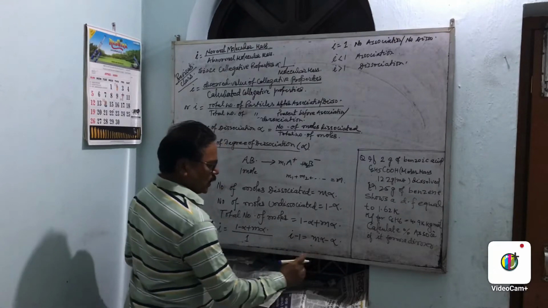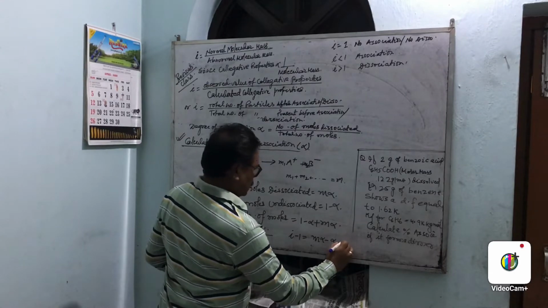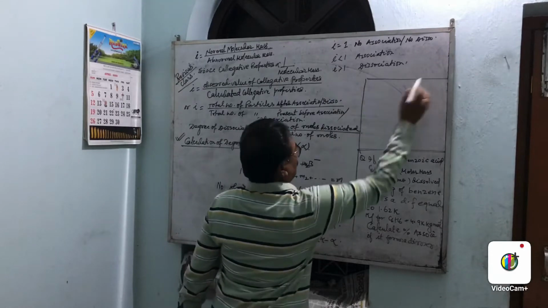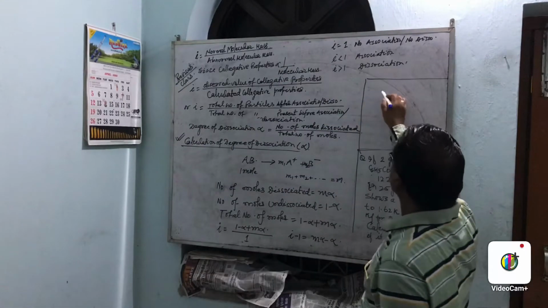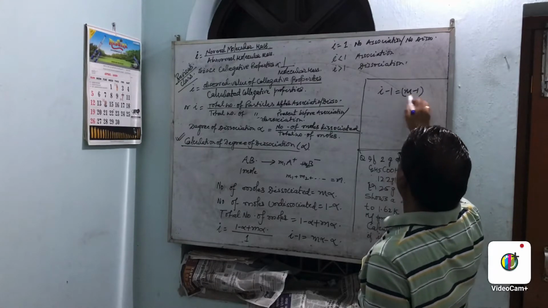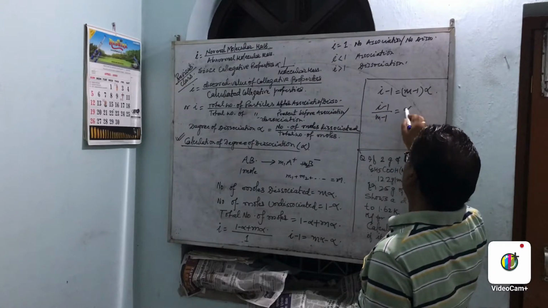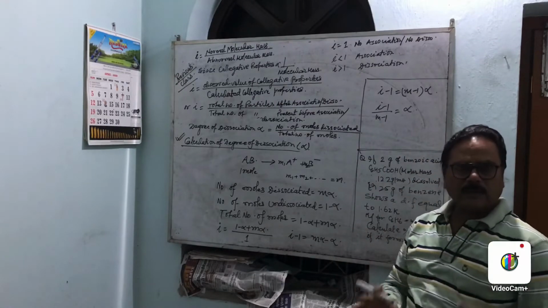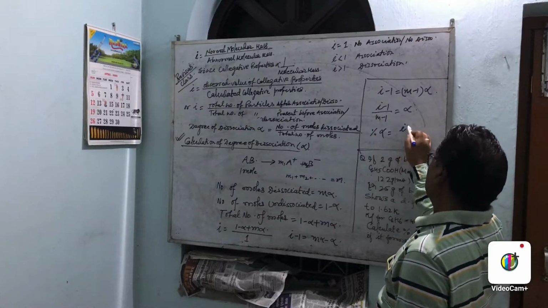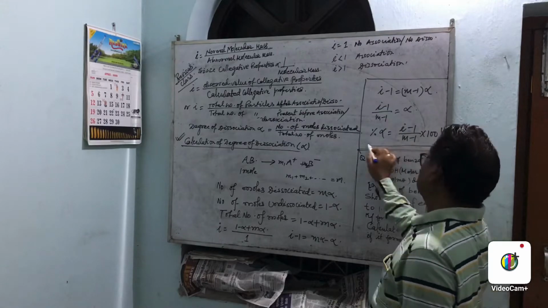Alpha is common, so i minus 1 is equal to (m minus 1) into alpha. So alpha is equal to (i minus 1) divided by (m minus 1). If you want to calculate the percentage of alpha, then percentage alpha is equal to (i minus 1) divided by (m minus 1) into 100. So this is the expression.